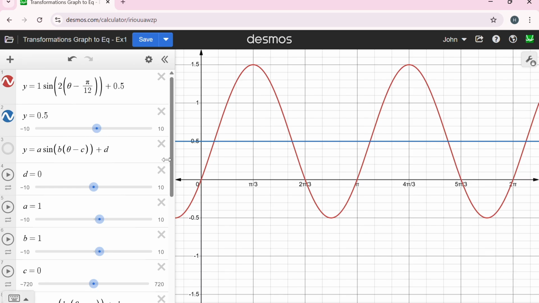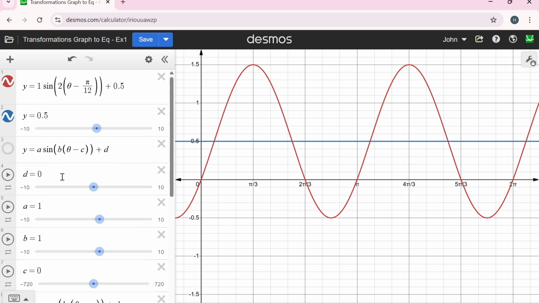Remember I had you label point T and point W and then apply an A value less than 0, so make a reflection. Since it's already translated up to a new sinusoidal axis of y equals 0.5, the reflection is actually occurring around that sinusoidal axis, not the x-axis.